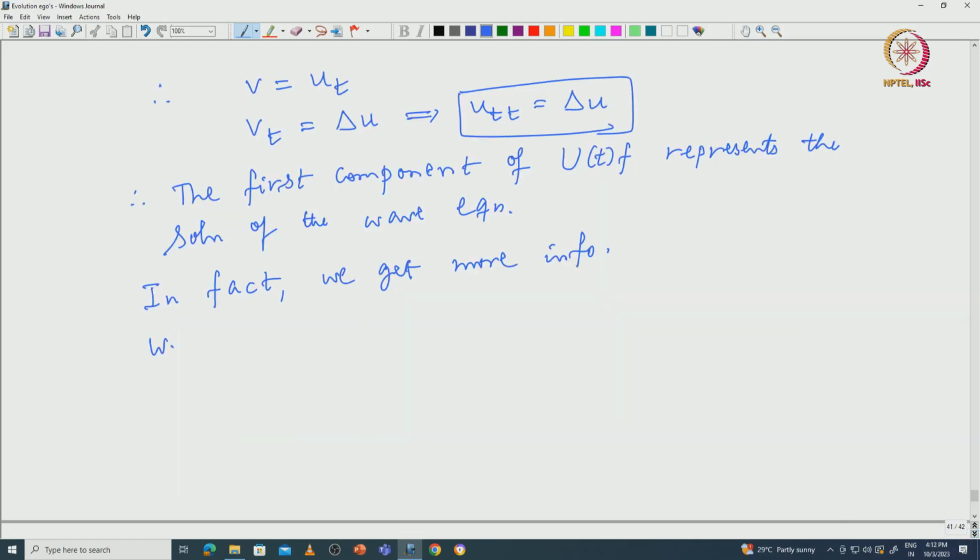So, we have the Laplacian u is in L2 of Rn, and that implies del square u by del xi del xj is also in L2.